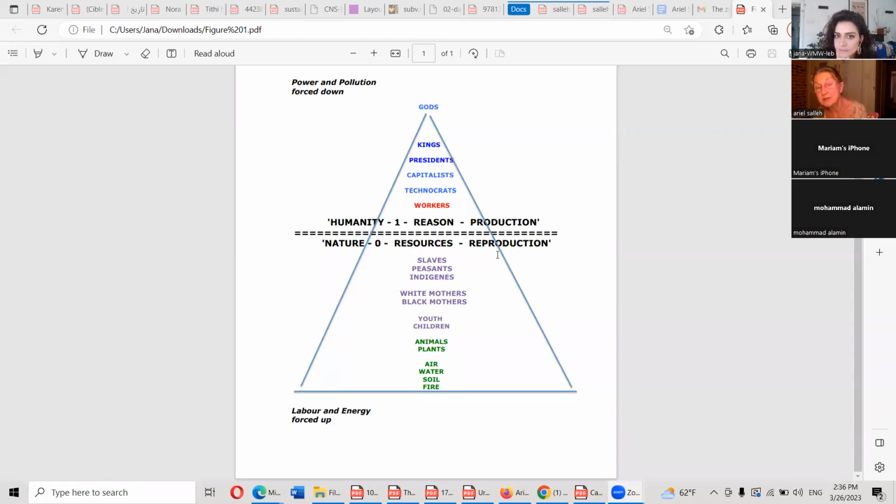First of all, it identifies the split as an originary contradiction, and then is able to work with the body. And we can see those various groups, indigenous and peasant groupings and mothers and so forth, are all involved in reproductive economies.